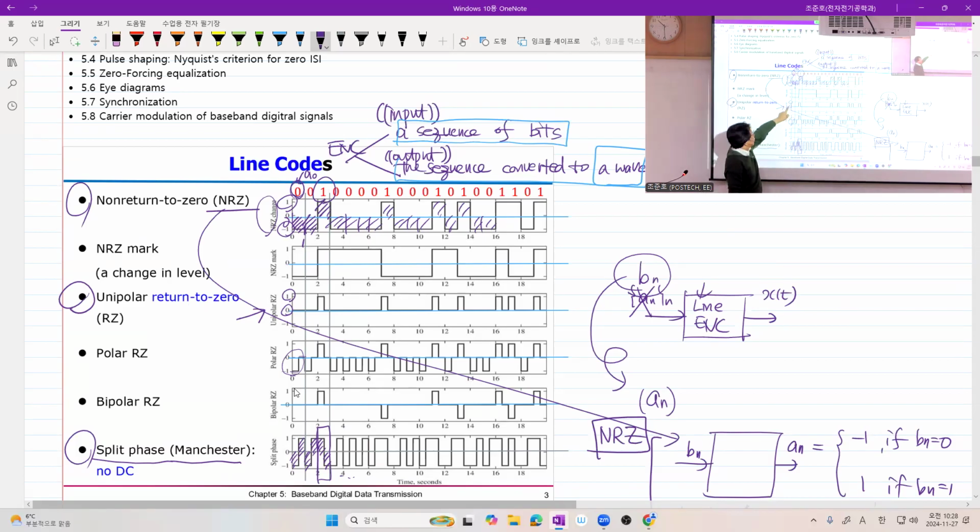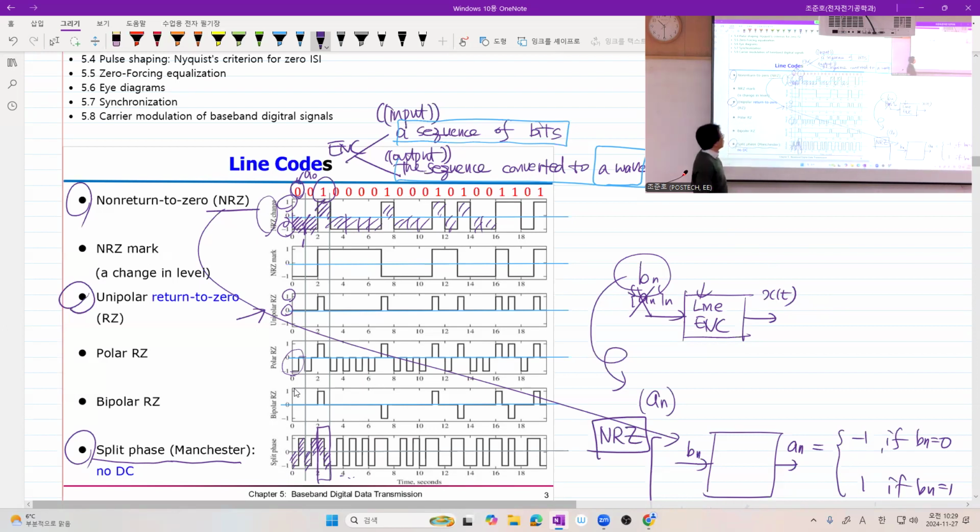Here, logical 0 is mapped to real number 0, and logical 1 is mapped to real number 1. So the output is 0, 0, 0. Of course, here, it has a falling edge inside, but all 0 and falling edge.